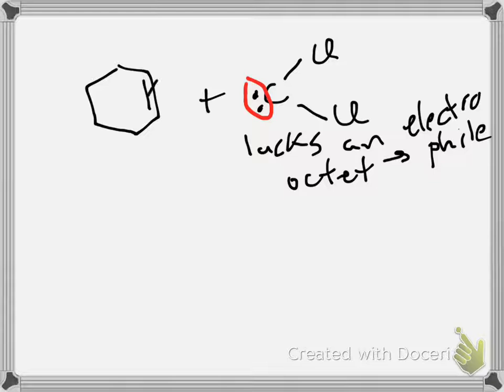So one of the carbons is going to use the pi electrons to form a bond to the electrophilic carbon. At the same time, the nucleophilic carbon, remember it's both a nucleophile and electrophile, is going to use a lone pair of electrons to form a bond to the other carbon. So this is a concerted reaction.